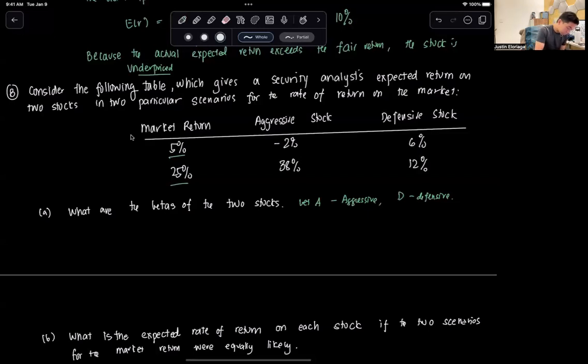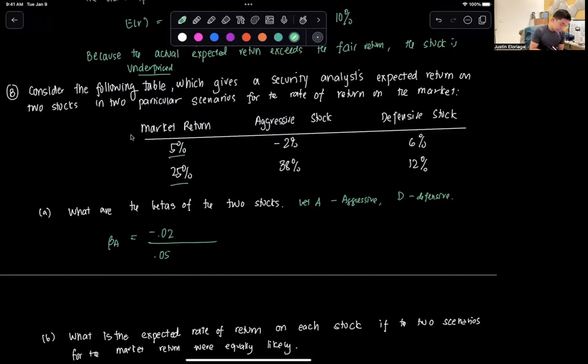So how does that go? For example, for the aggressive stock, in the first state of the world, which is a 5% market return, so that's 0.05, the return is minus 2% or minus 0.02.